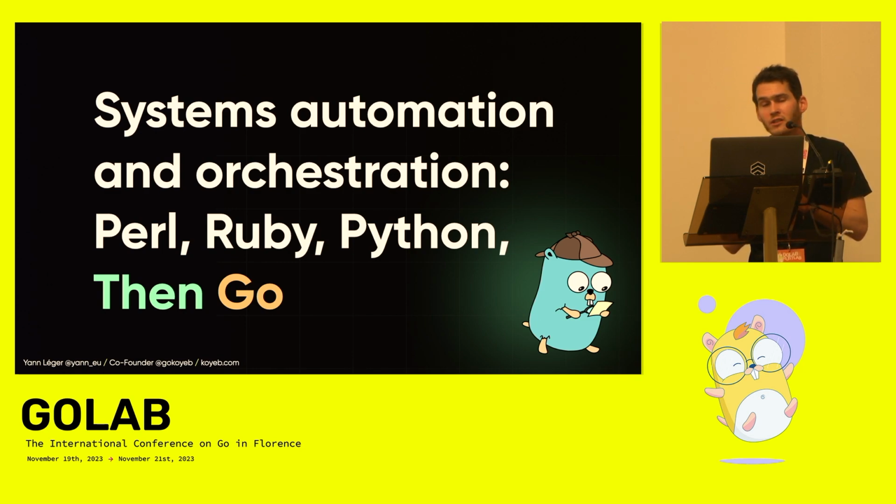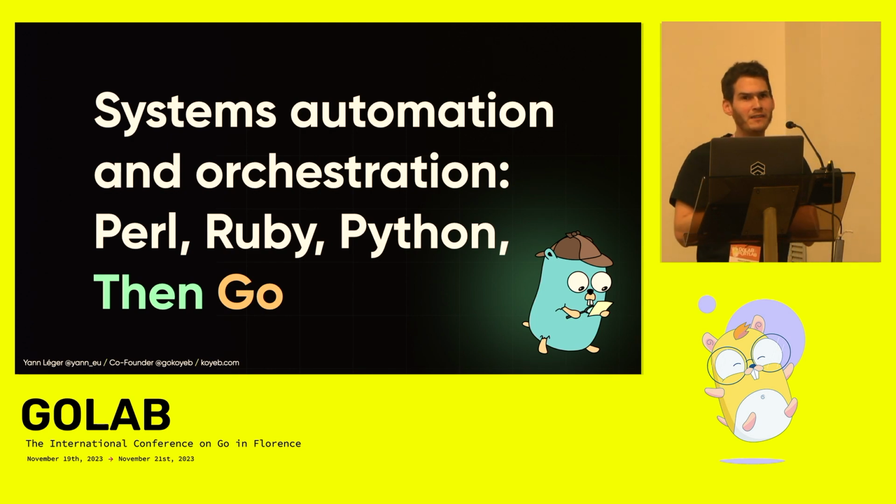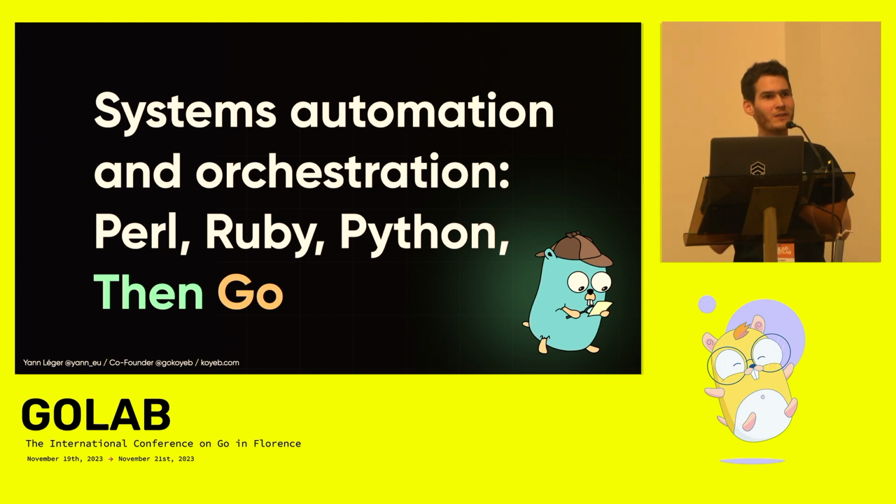And so here I have a question for you all. Who has more than 15 years of experience here? Okay, so I might need your help because I was looking for specific technologies from more than 15 years ago, and you'll see after, but I might need some help to fill the next slide.